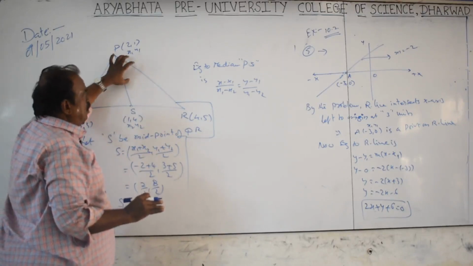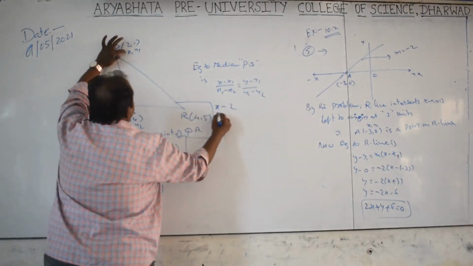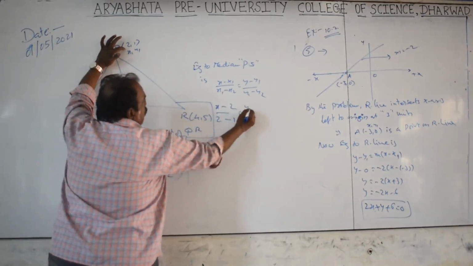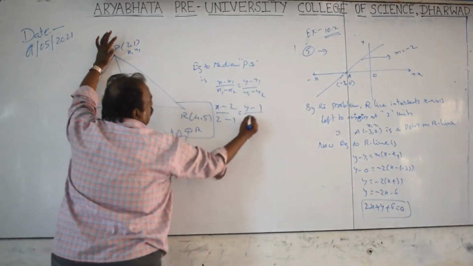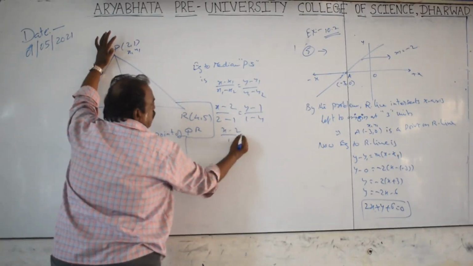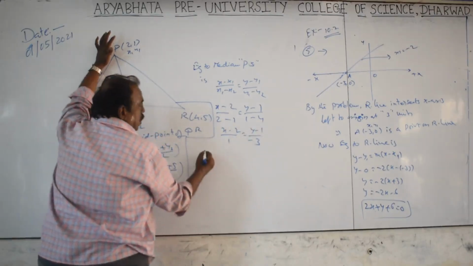Don't confuse. Here it is x minus, what is x1? 2. 2 minus x2 is 1. Y minus 1 by 1 minus 4. X minus 2 by 1, y minus 1 by minus 3. Okay, now?